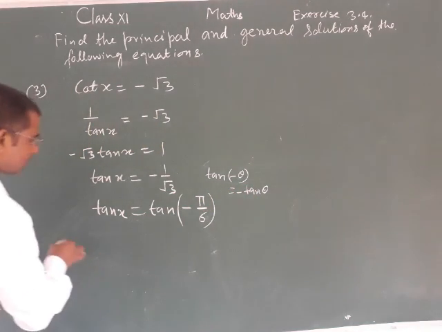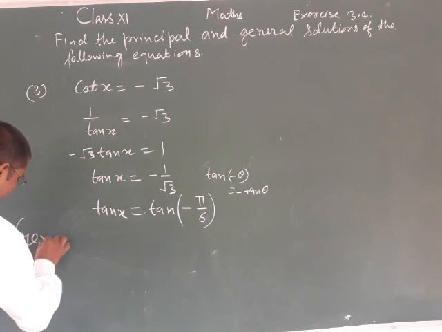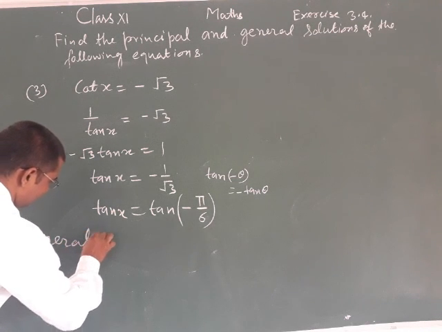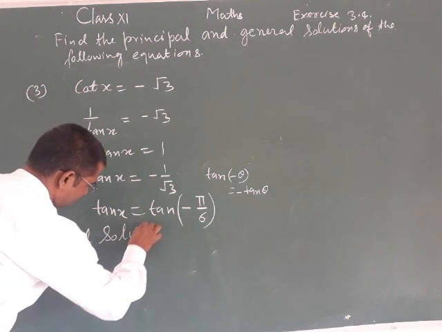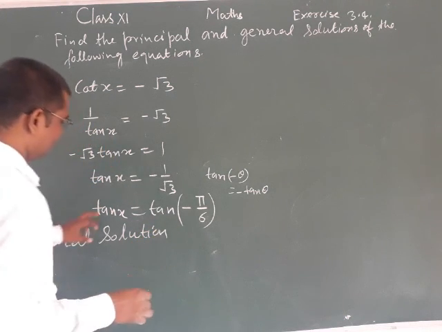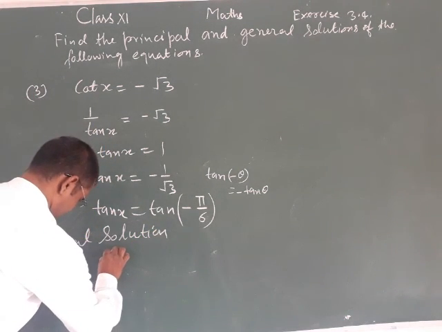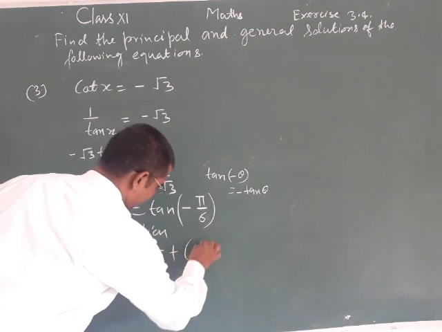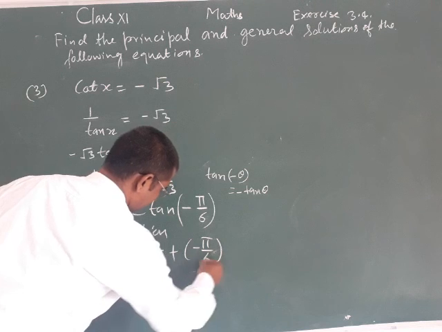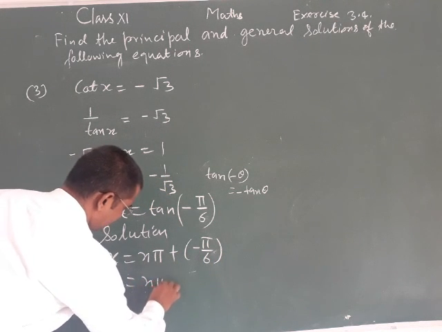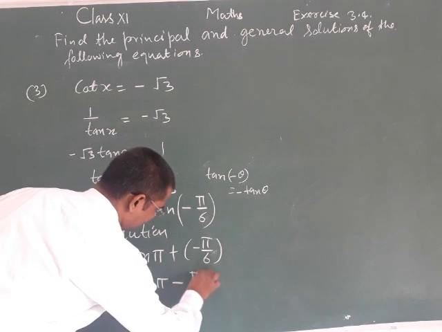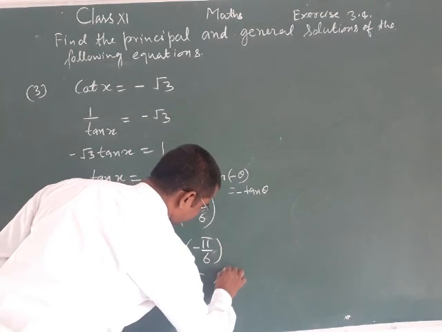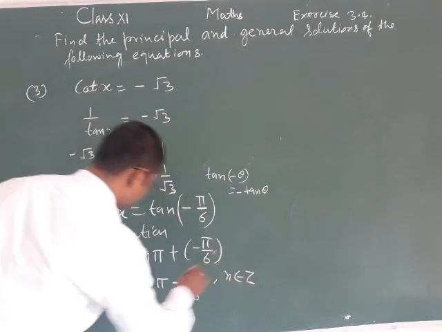So now the general solution in tan form is x is equal to n pi plus minus pi by 6. Also you can write n pi minus pi by 6, where n belongs to Z, integers.